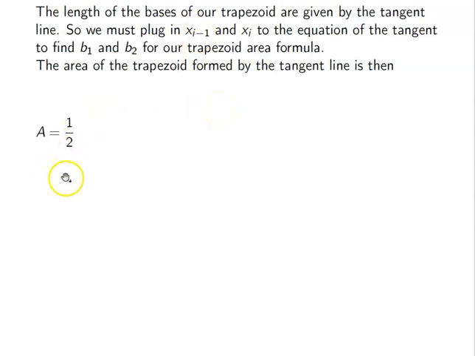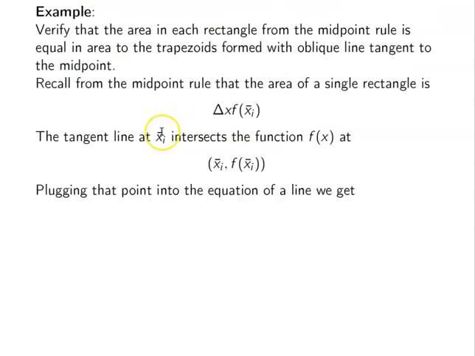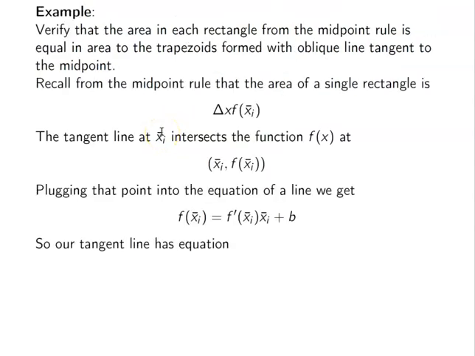So the area is 1/2, h is delta x, b1, so I'm plugging in x sub i minus 1 to that formula. Everywhere I plug stuff in is this x. The x sub i is a fixed constant for each rectangle, but this x is what's changing. This is what helps me pick each rectangle.